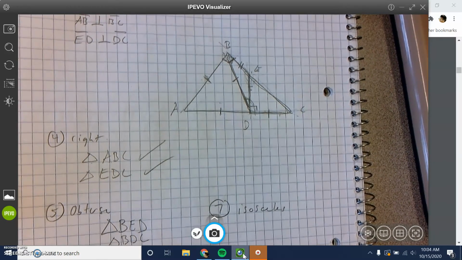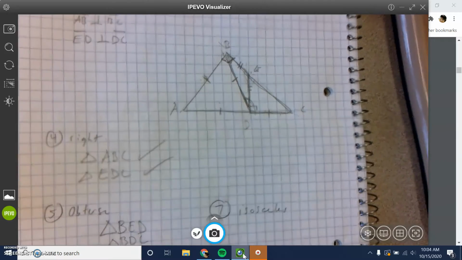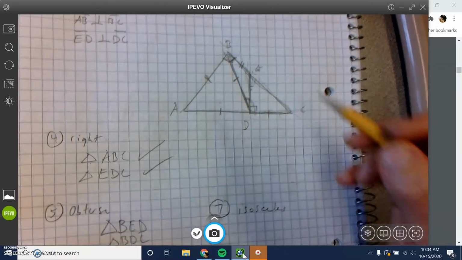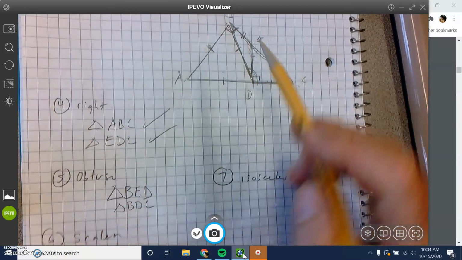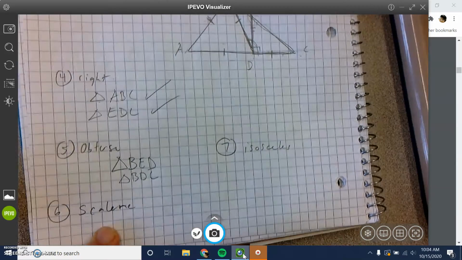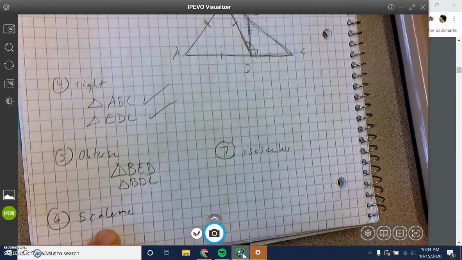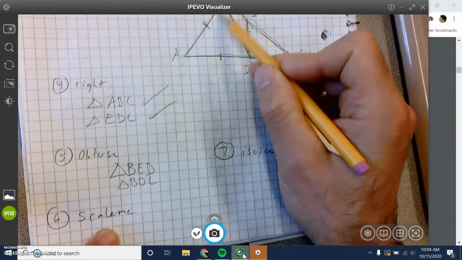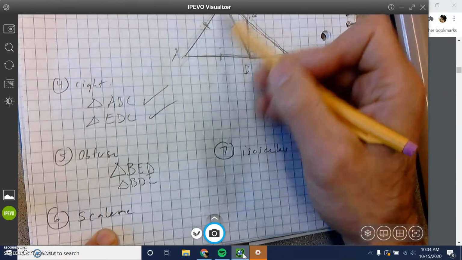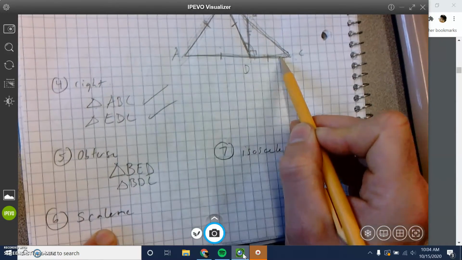All right, next we have scalene. Let's see if we can find one. Scalene means all the sides are not equal. They're not congruent. So if you go to the original, see the big right triangle? This side is just 1 mark, and this side is 1 mark plus 2 marks.